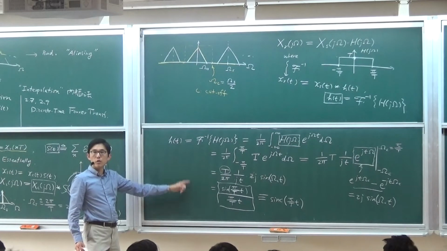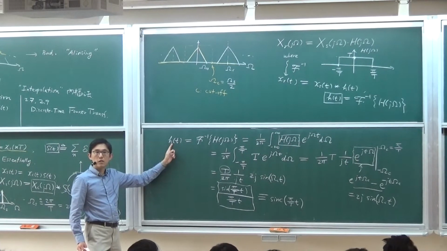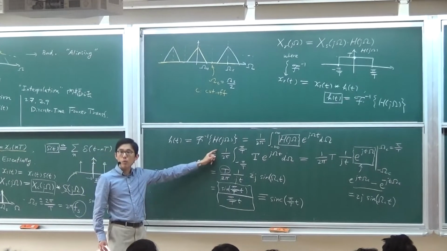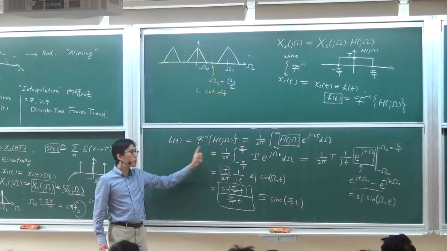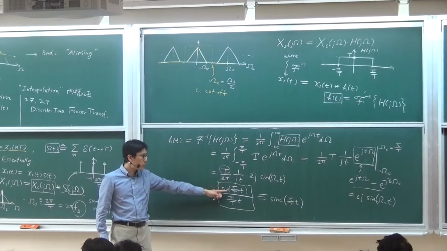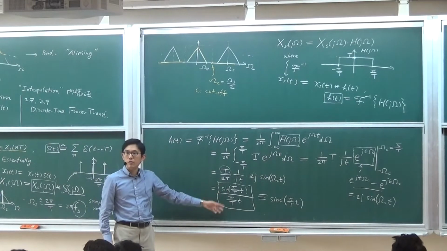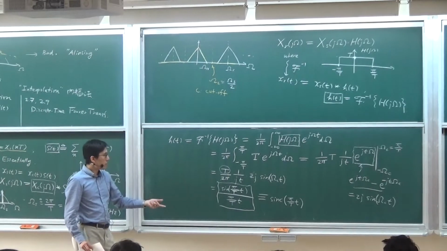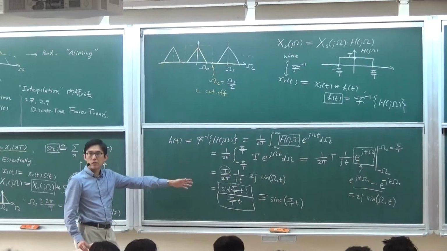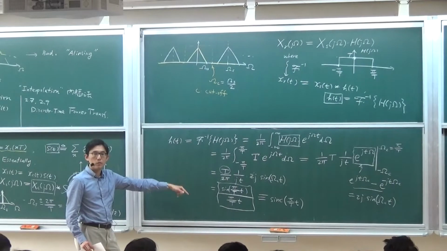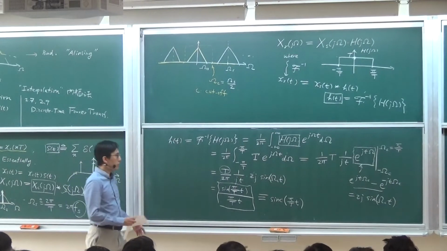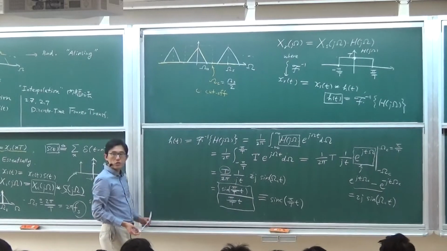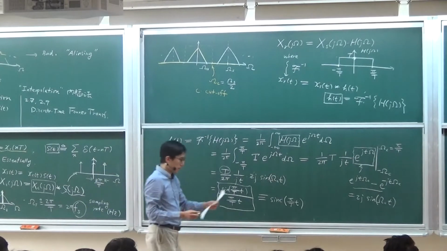I want you to be familiar with it. It is the inverse Fourier transform of an ideal low-pass response in the frequency domain. It has the form sine t divided by t, and it's called sinc. So let's draw a picture of the sinc function.